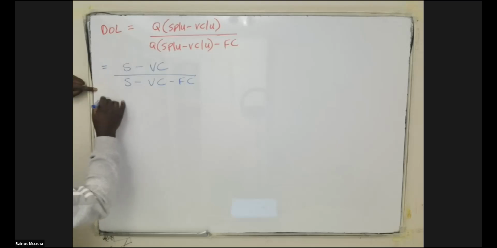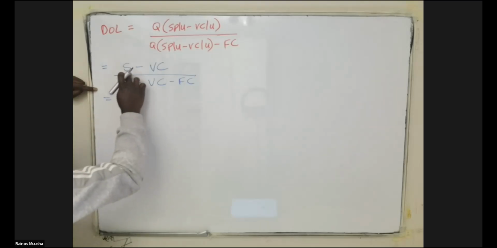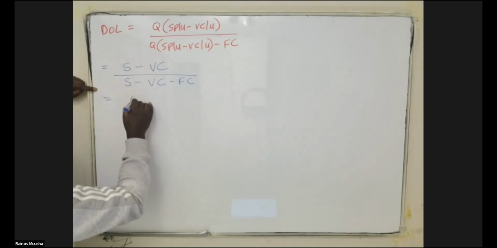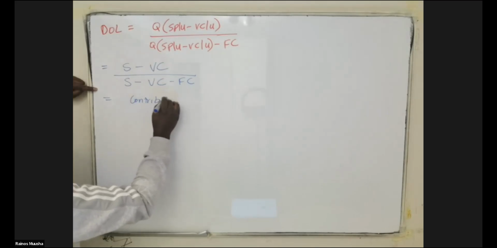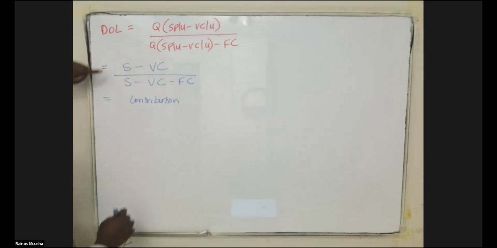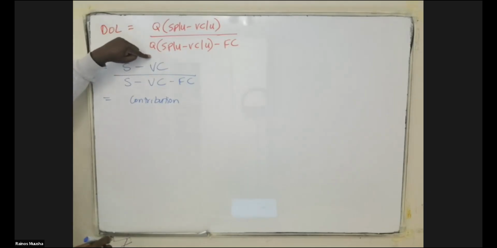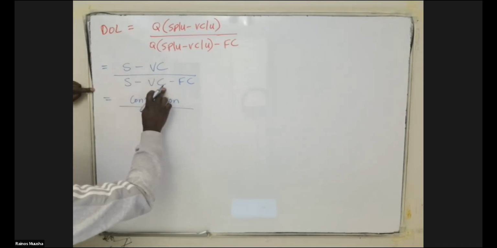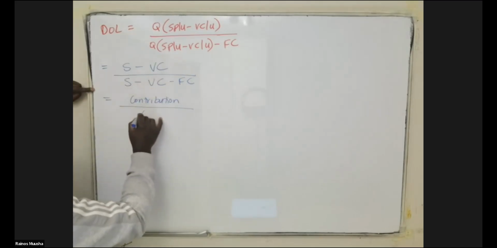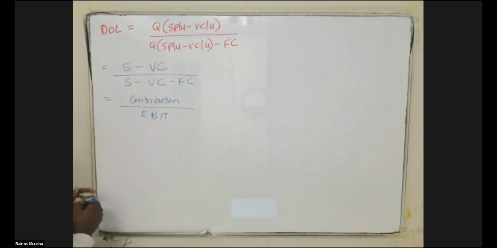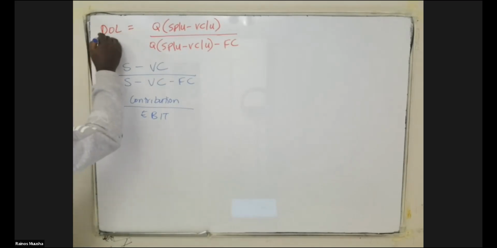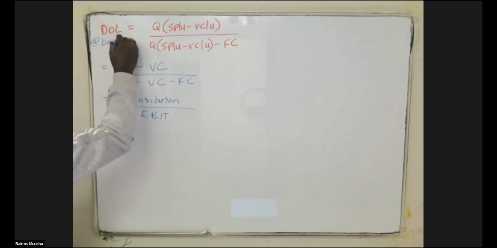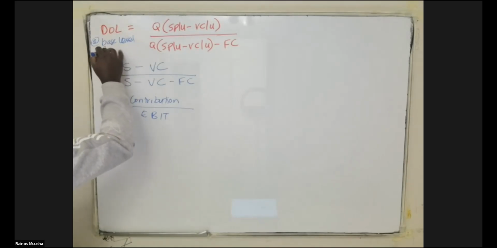And we know that your sales minus variable cost gives you your contribution. So your contribution divided by your sales minus variable cost minus fixed cost, which is the earnings before interest and tax. These are the different ways that you can calculate the degree of operating leverage at the base level of units.